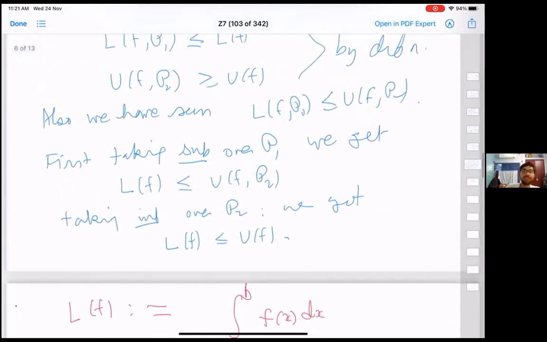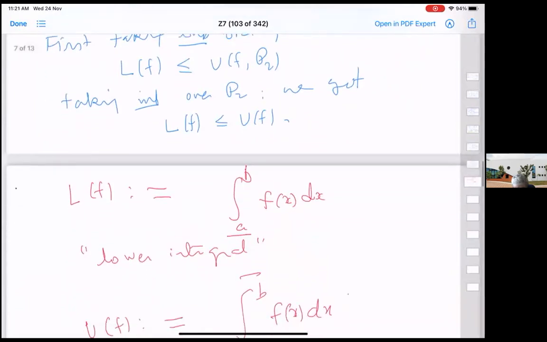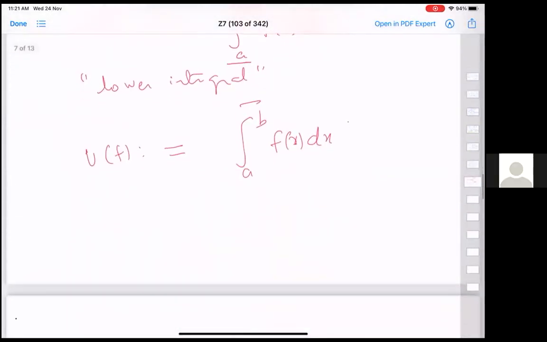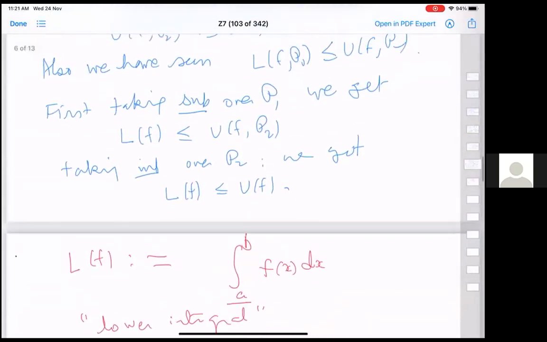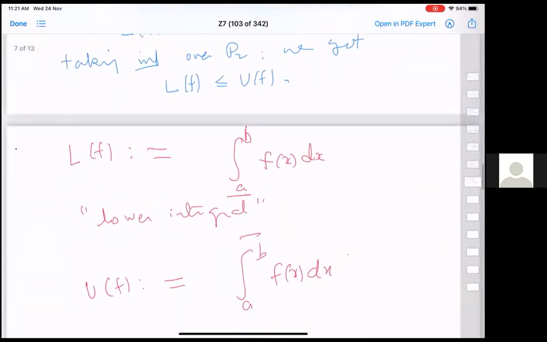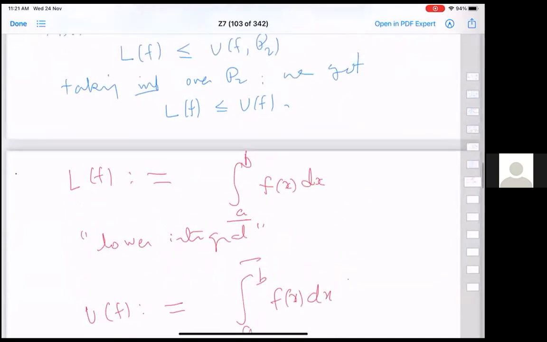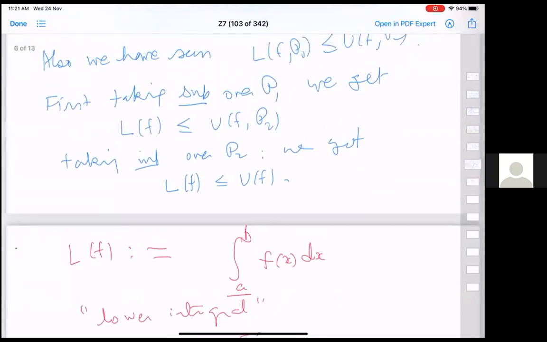But in the last page only, the lower integral is defined as LF, right? Yeah, LF is the lower integral. Okay. So LF is the lower integral, UF is the upper integral. So when you took UF, here you said taking infimum over P2. I'm not sure why you're taking over P2 because UF is for all partitions, right? Oh.